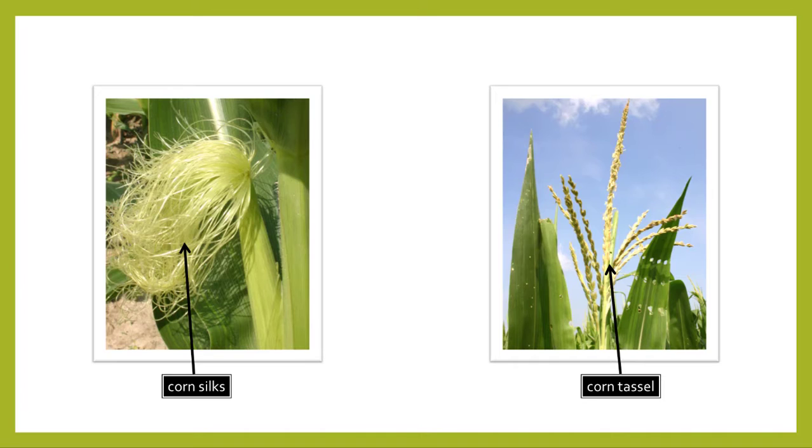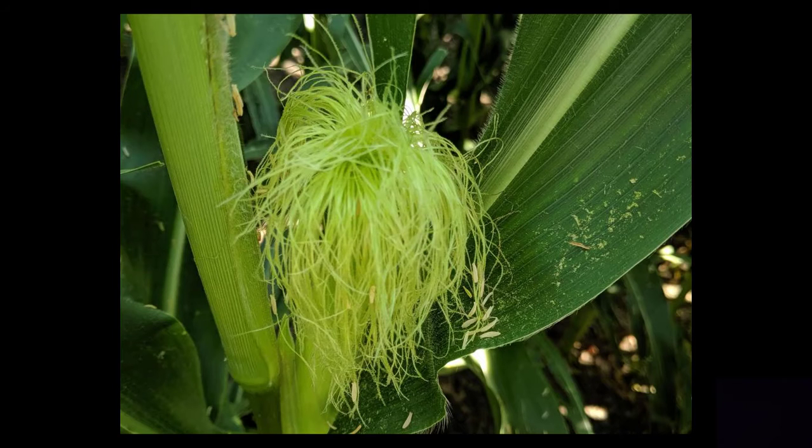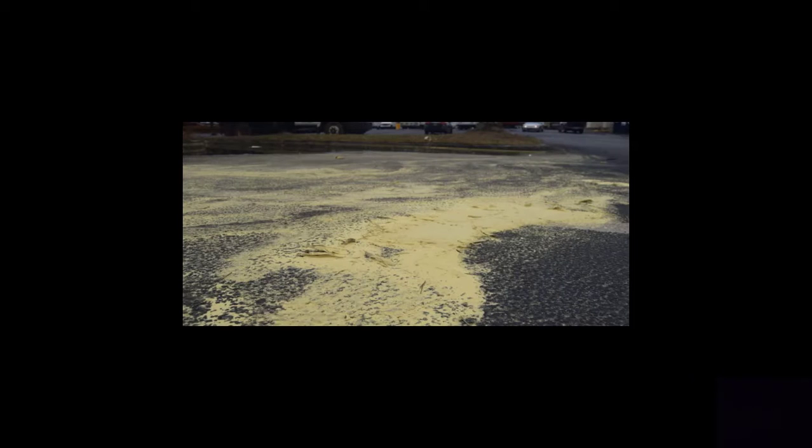The male flower is the tassel located at the top of the plant. The female flower is what will become the ear. The silks are long, sticky, thread-like fibers that extend from the ovaries, which will become kernels, to beyond the tip of the husk. Pollen from the tassel falls or is carried by wind. Most pollen grains land on the corn leaf blade or on the ground and do nothing.